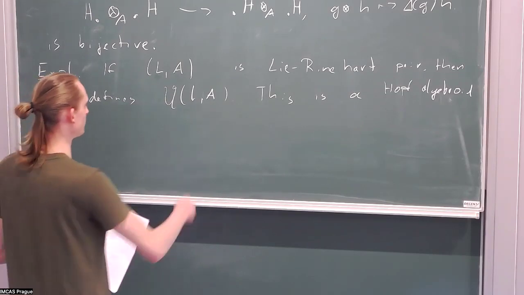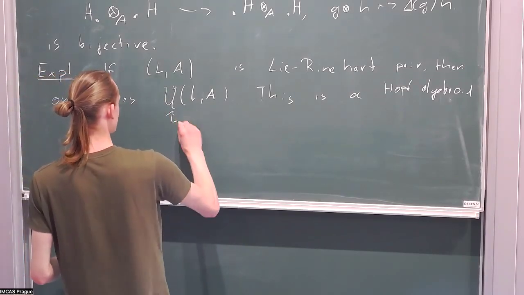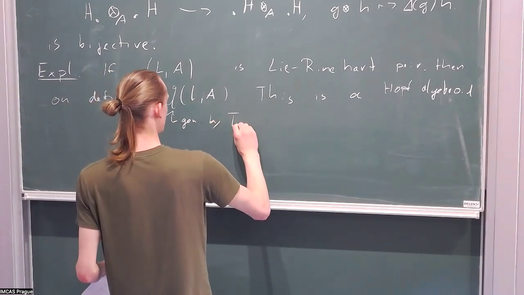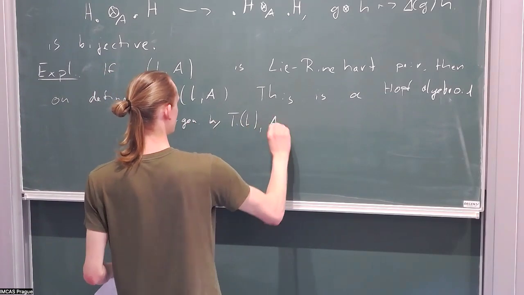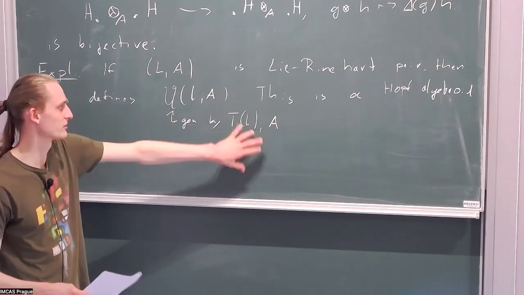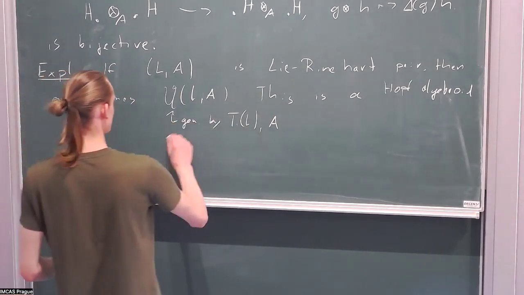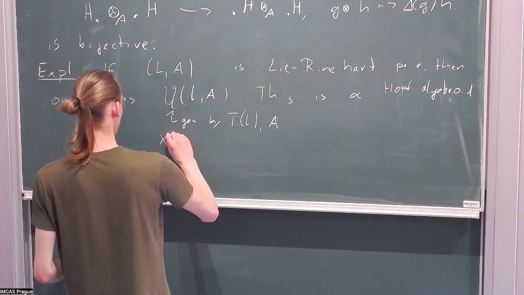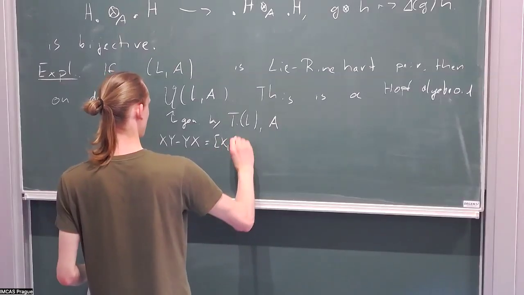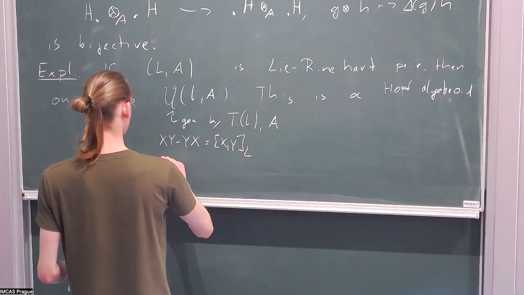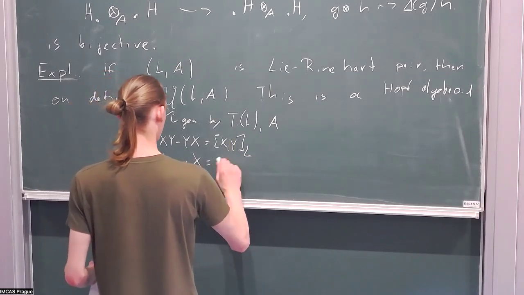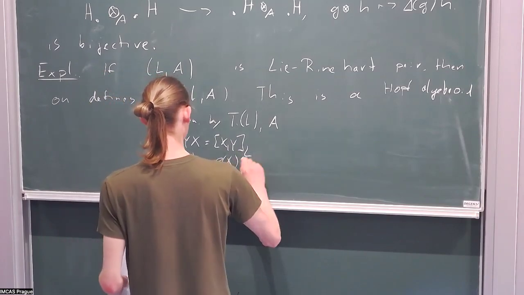And this guy is generated by the tensor algebra of L and A. So you can build a universal K-algebra that contains these two guys, and then you factor out the relations xy minus yx equals the commutator of x and y in L, then xa minus ax equals this thing here.